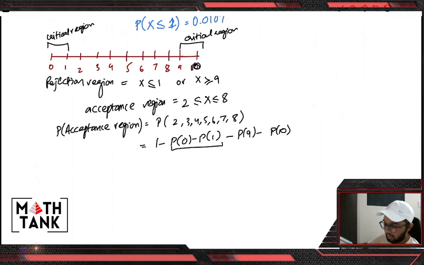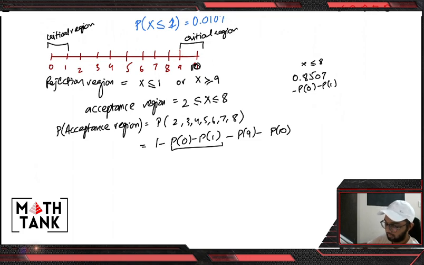Ideally you should do this your own way, whichever calculator you have. So I've calculated the probability of x less than or equals to 8, and I'm going to subtract 0 and 1 from it so that I get my answer.